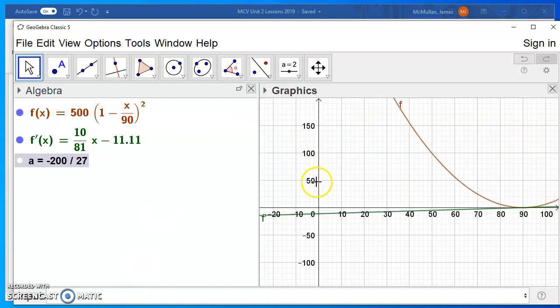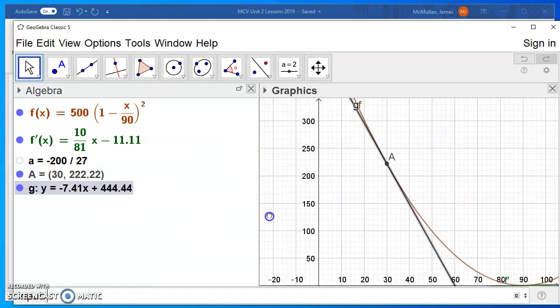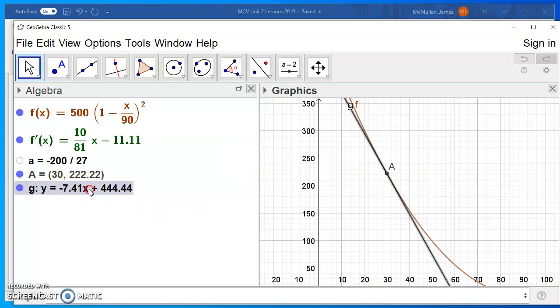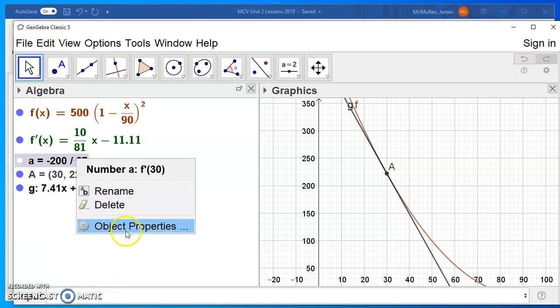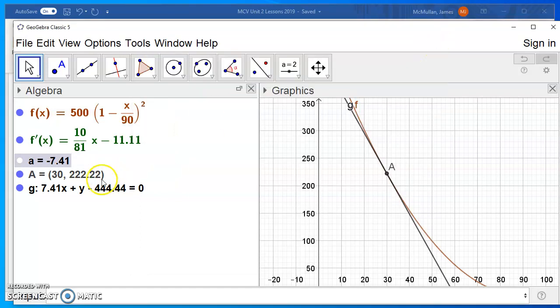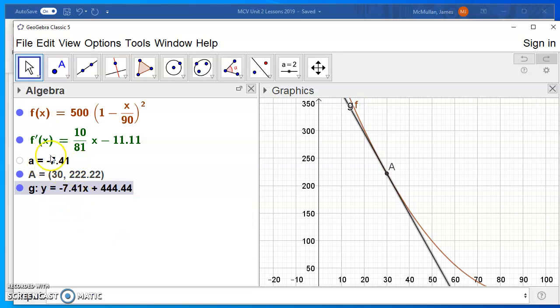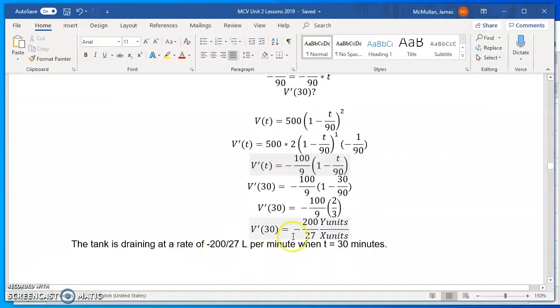Again, to draw the tangent here, let's go to 30 and f of 30, and then we'll go tangent at f, and it has a slope of negative 7.4074, but that is actually 200 over 27, right? If you just make this a decimal, that slope is right there. Okay, so going back to mx plus b form, it has a slope of negative 200 over 27.